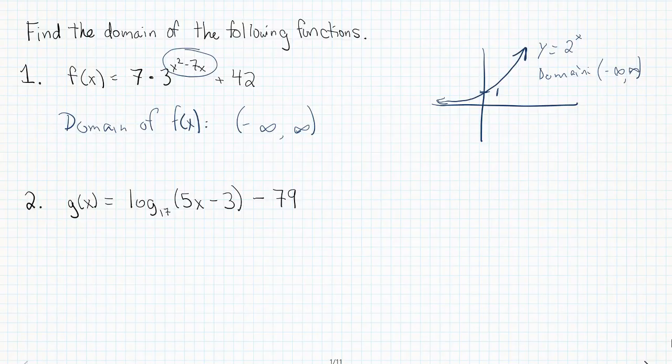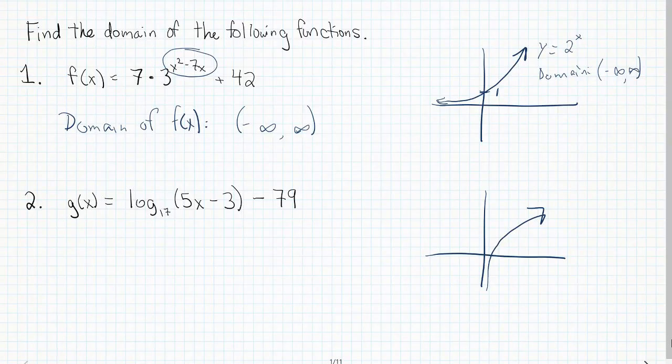Okay, so if we have that one down, what about g of x? We have g of x equals log base 17 of 5x minus 3, and then minus 79. Well, the minus 79 is just a shift of some sort. So let's go back to what the logarithm looks like.